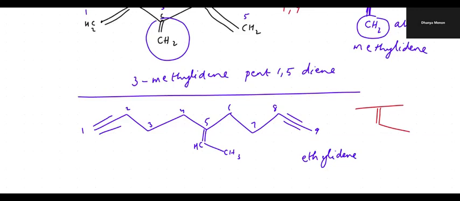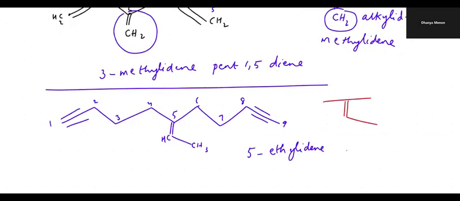Okay, and which position is the substituent? 5. Ethylidene. And what is the root chain? Non. What positions are the double bonds? 1, 8, diene. Diene, not diyne, diene, because this is a double bond.